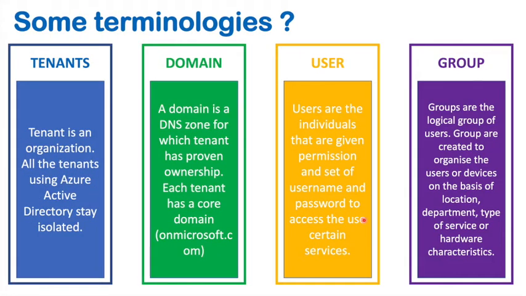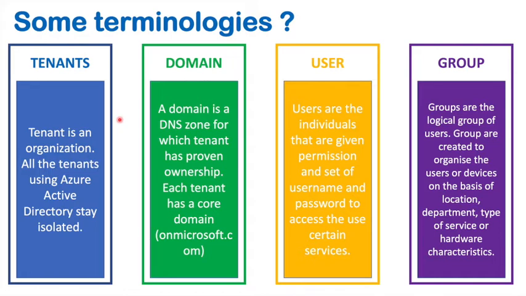So moving on, there are some terminologies before going to the hands-on. So what is the tenant? Azure Cloud Active Directory is the one, and all the organizations in the world that want to use it can use the same Azure Active Directory. For one organization, this is called a tenant.